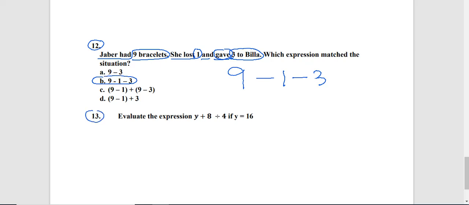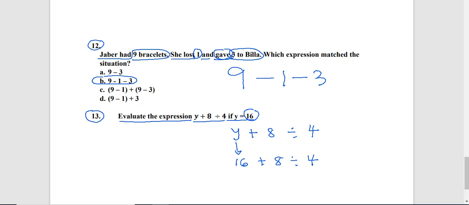Question number 13. Evaluate the expression y plus 8 divided by 4 if y equals 16. So we have an unknown variable y plus a number 8 divided by another number 4. And the variable has been given as 16. So in place of y, I write 16 plus 8 divided by 4. Very importantly here is the order of operations.